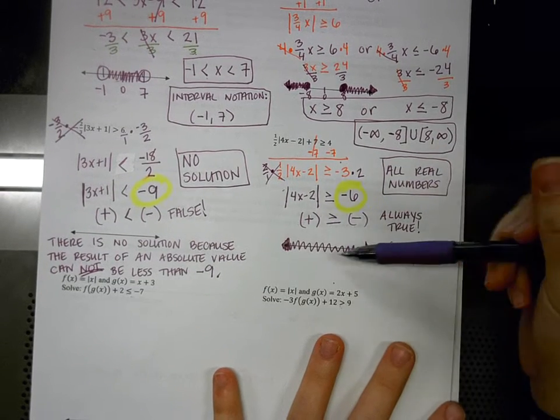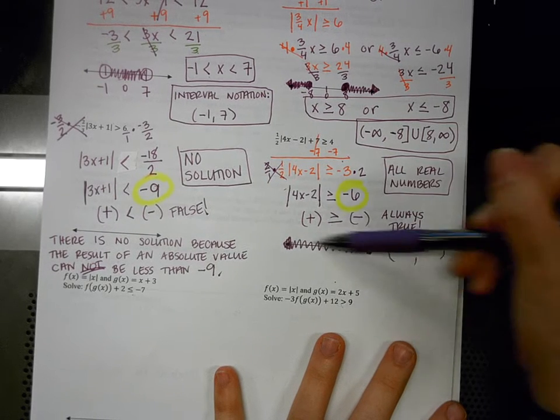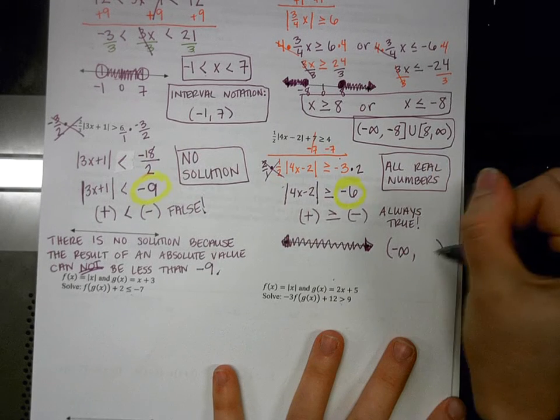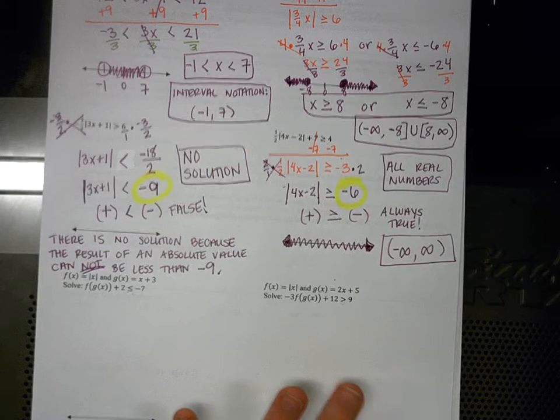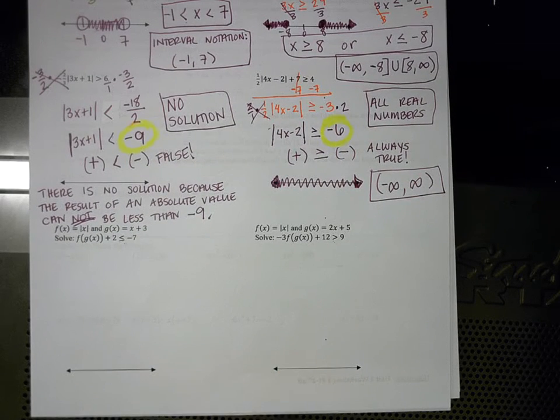But yeah, this is going to go to the left forever, to the right forever. All of these numbers in between are solutions. So negative infinity to positive infinity would be the interval notation for that. Questions?